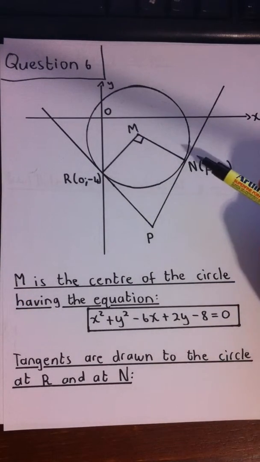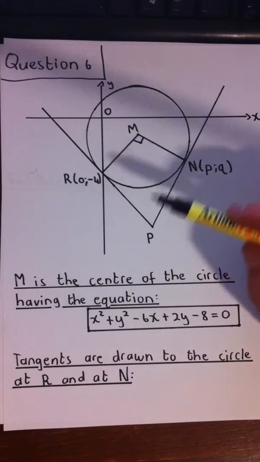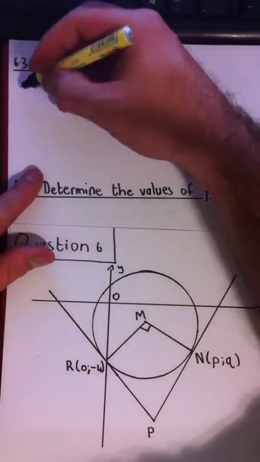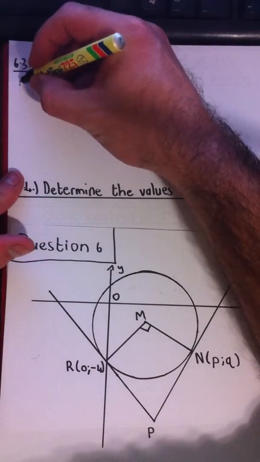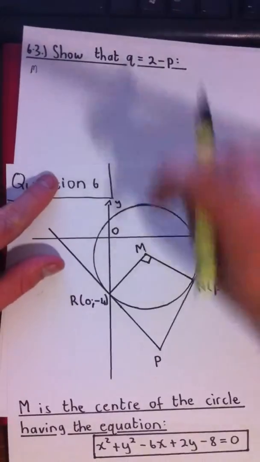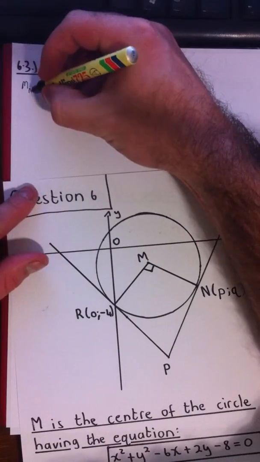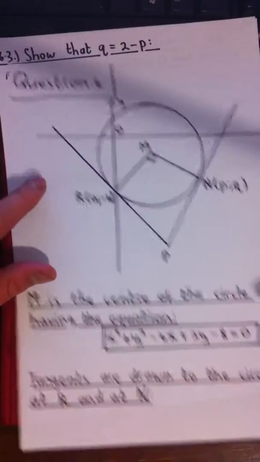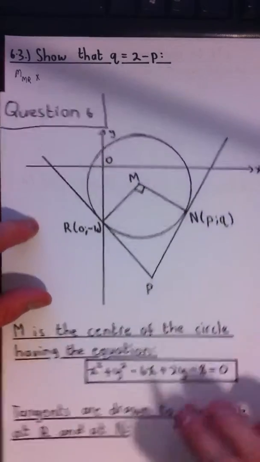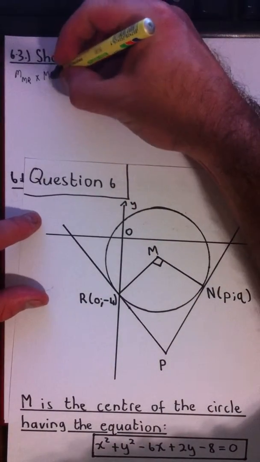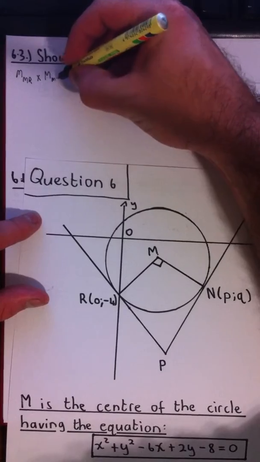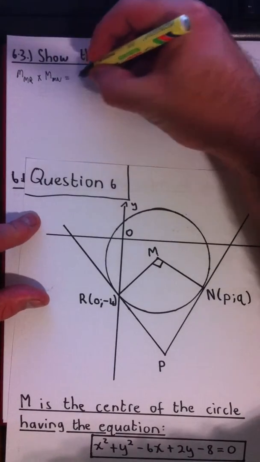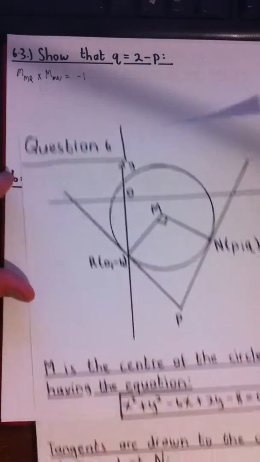And when they're perpendicular, the product of the gradients is equal to -1. So we're going to say that the gradient of MR times the gradient of MN must be equal to -1.